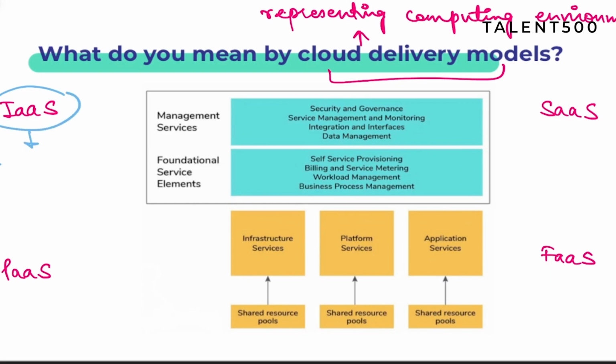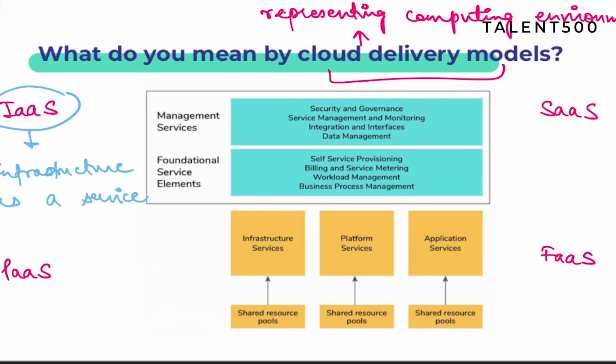This one stands for infrastructure as a service. So what do you mean by that? It means if you have some service request, those can be based upon some of the infrastructure.